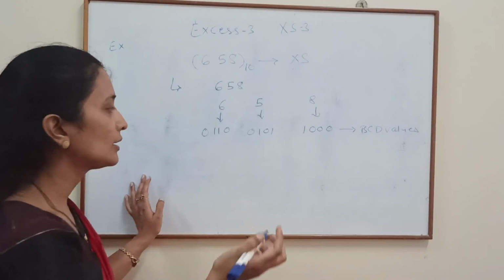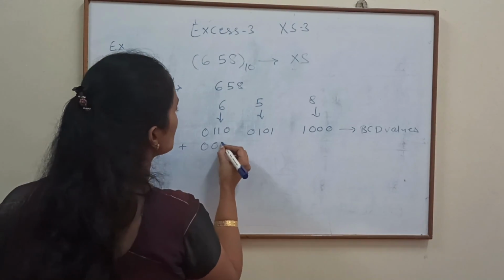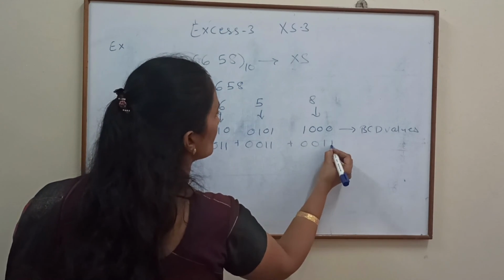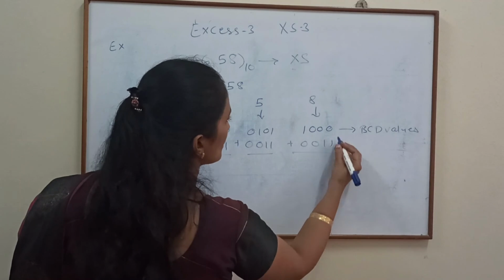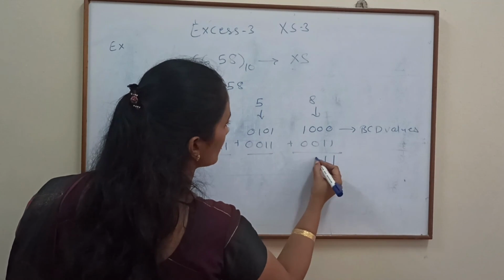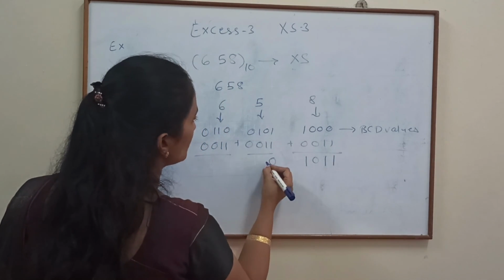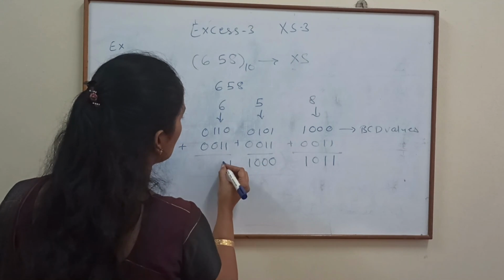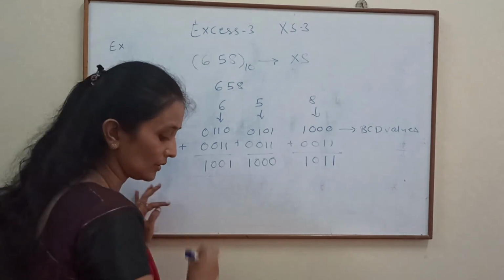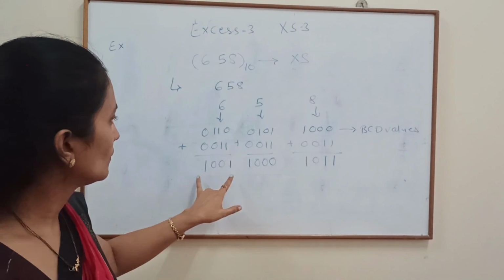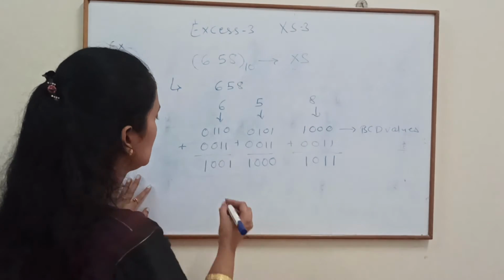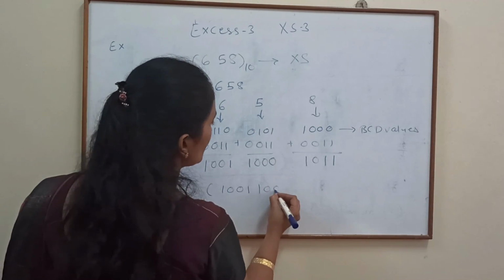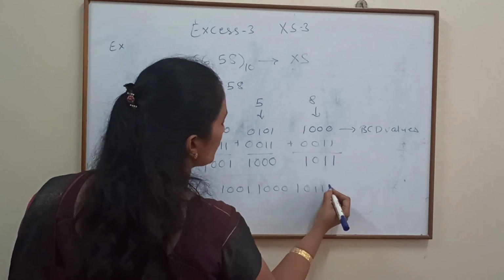Now add number 3. Number 3 means 0011. Adding each group, we get 1001, 1000, 1011 when we combine the three groups.